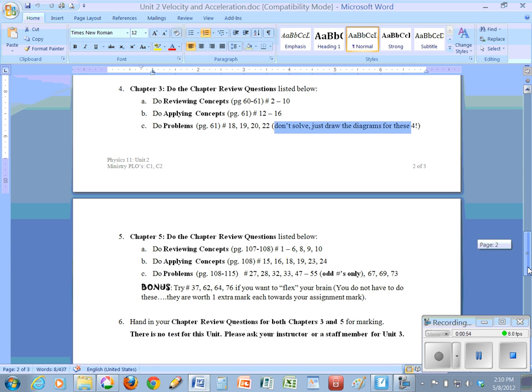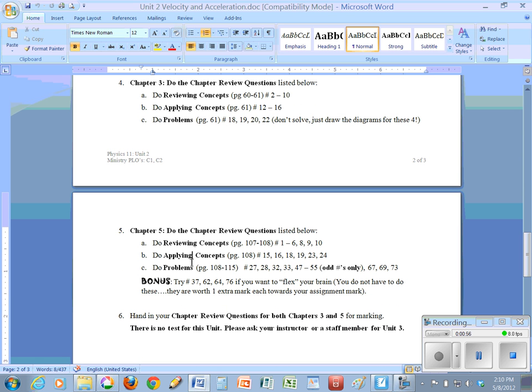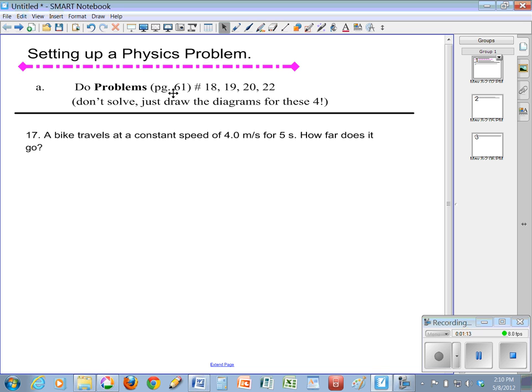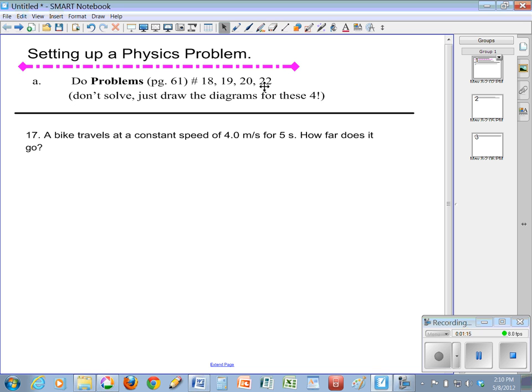When you go on to Chapter 5, you will solve the problems listed there. But let's take a minute and set up a physics problem the right way. In the assignment, it asks you to do numbers 18, 19, 20, and 22.